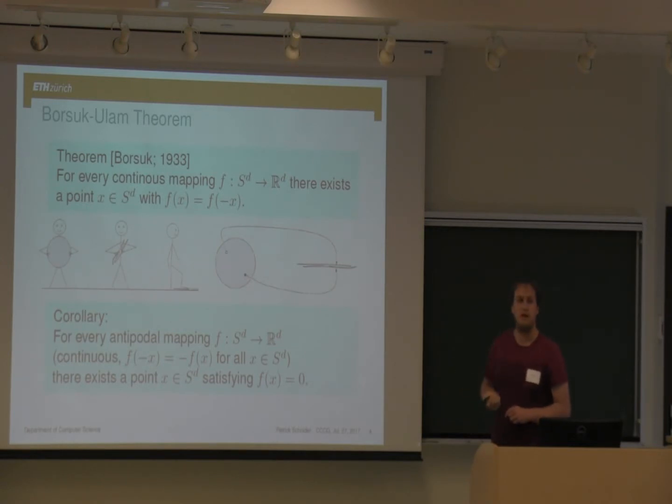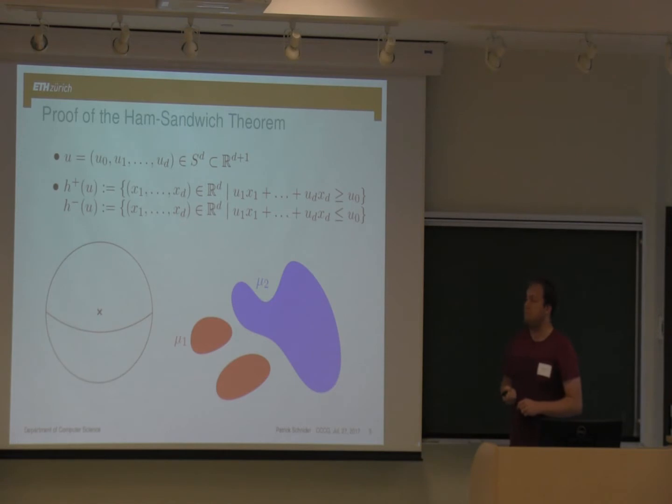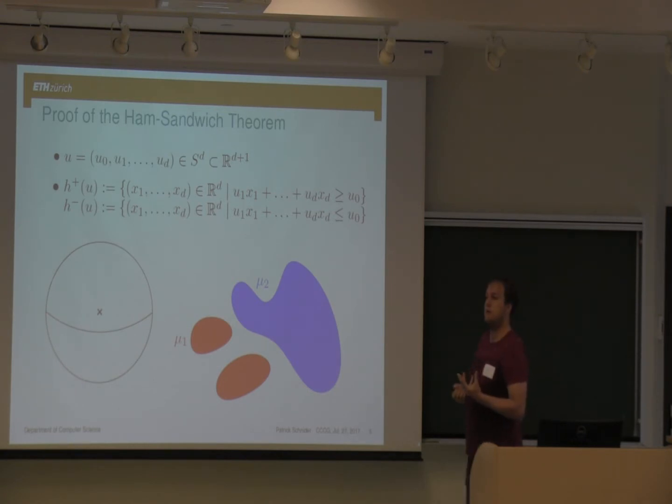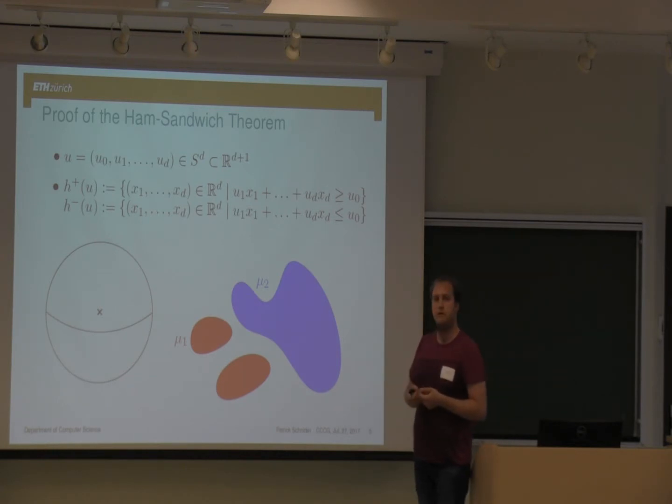And using this result, there is a very neat proof for the ham sandwich theorem, because we can view every line in 2 dimensions, or every half plane in 2 dimensions, as a point on the sphere just by this formula. So if we look at the half plane defined by u1 x1 plus and so on up to ud xd larger or equal than u0, this gives us d plus 1 coefficients, so u0, u1 up to ud.